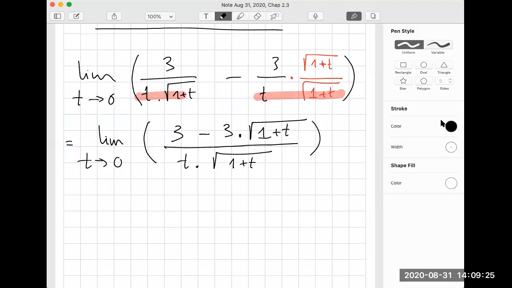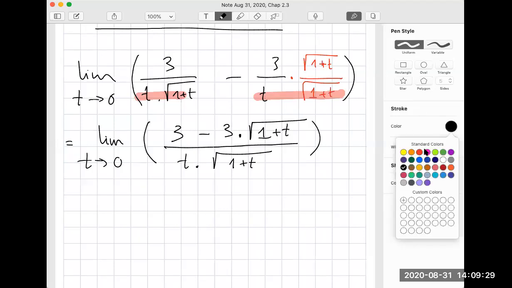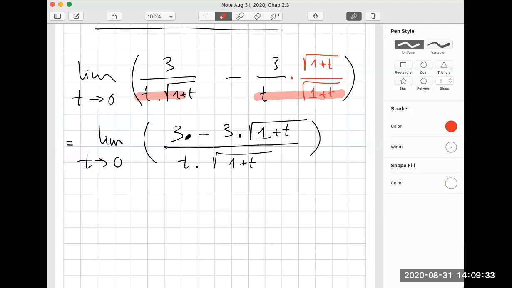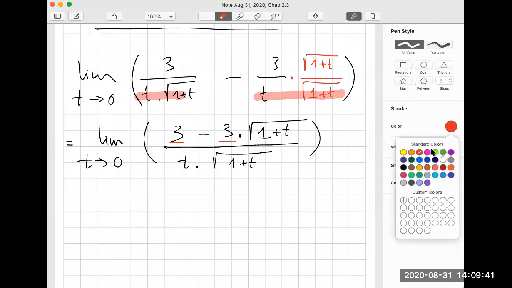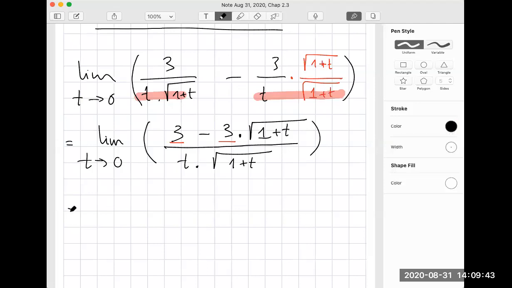Now, look at this. This is 3 and this is another 3. So it is a common factor, right? So we can factor it out and make it simpler. So if we factor 3 out, inside the parentheses here, what do we have?